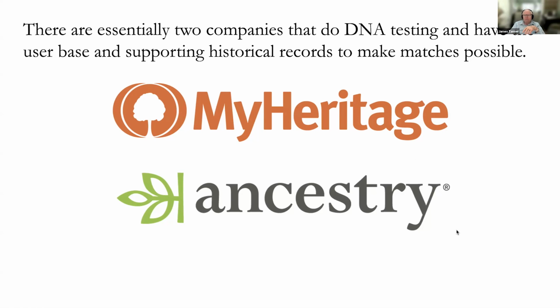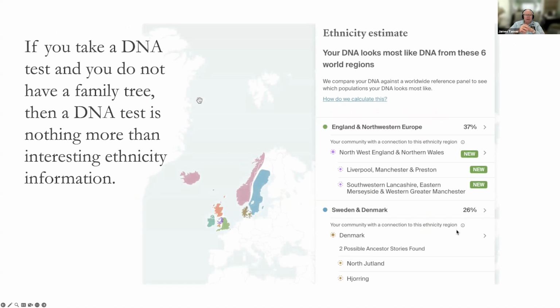When you first take a DNA test, if you don't have a family tree, in other words, if you just take the test to see what's going to happen, you'll find that it's nothing more than a kind of interesting ethnicity information. You'll find out where some places calculated you might be from, where your ancestors probably lived.